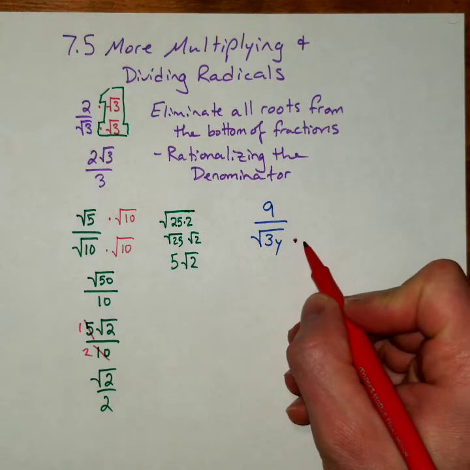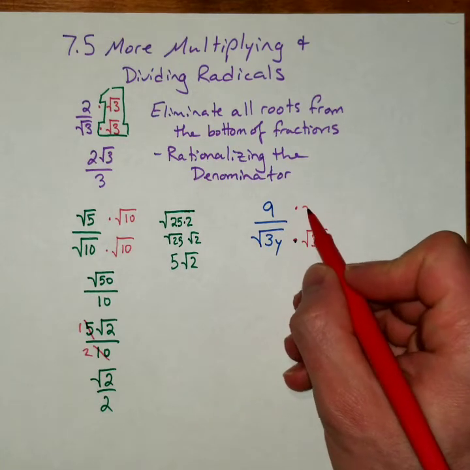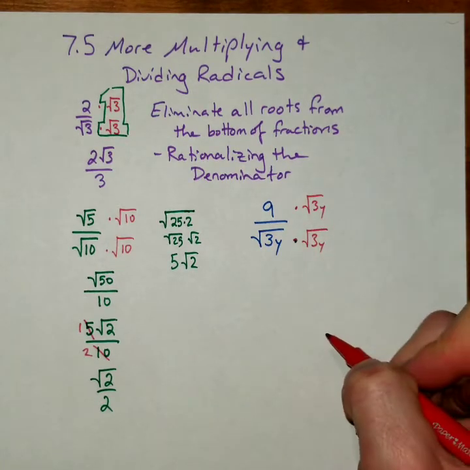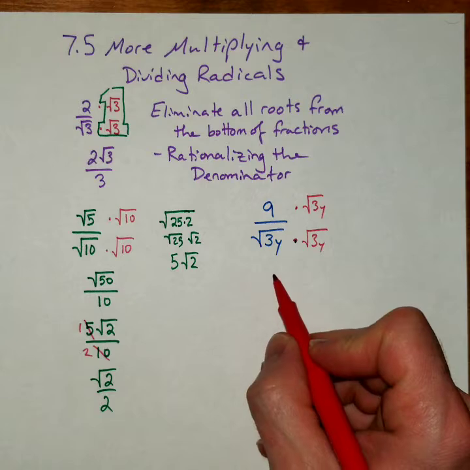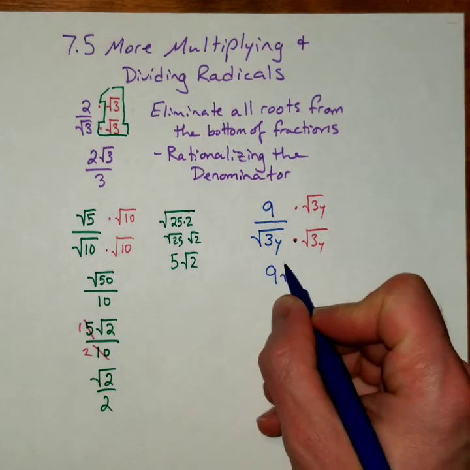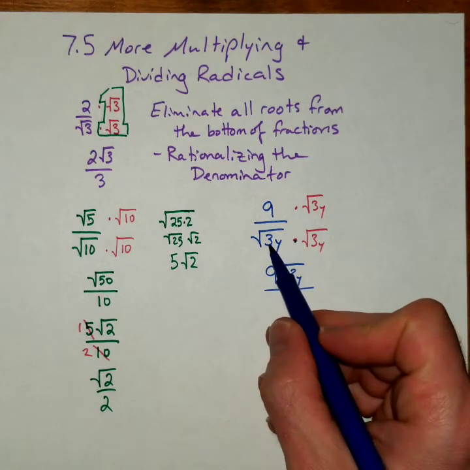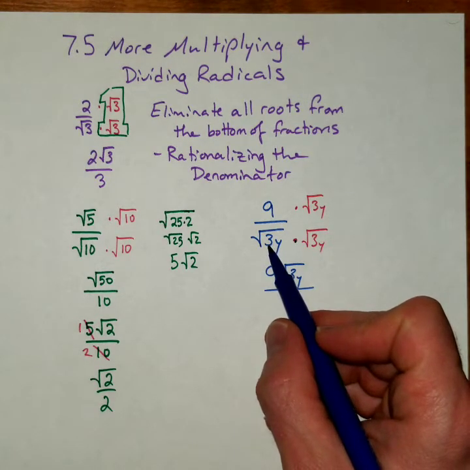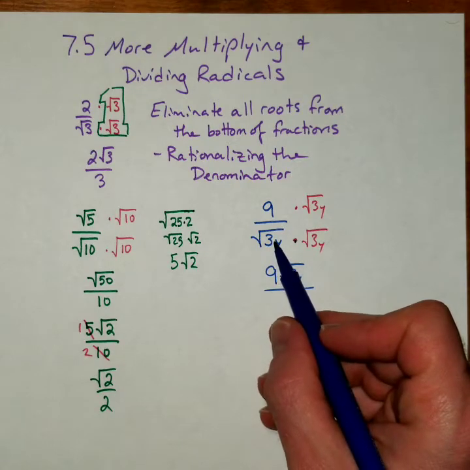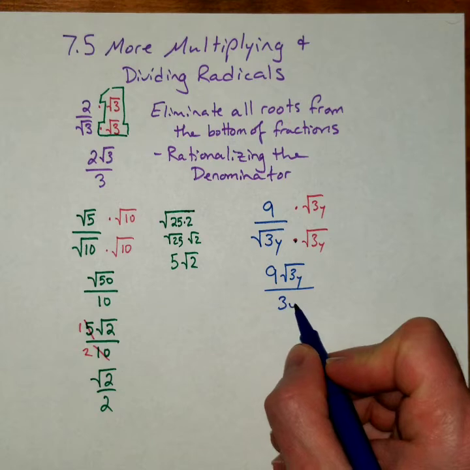Let's multiply the top and bottom both by that root. 9 times root 3y is 9 root 3y. And on the bottom, I just have 3y, right? A root times a root is just the stuff underneath.